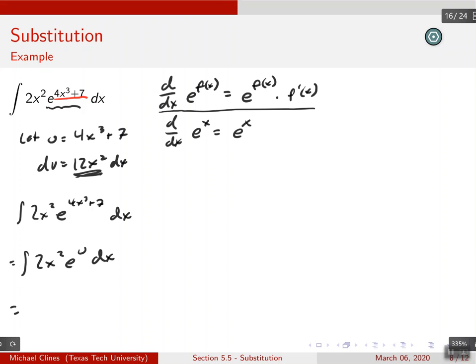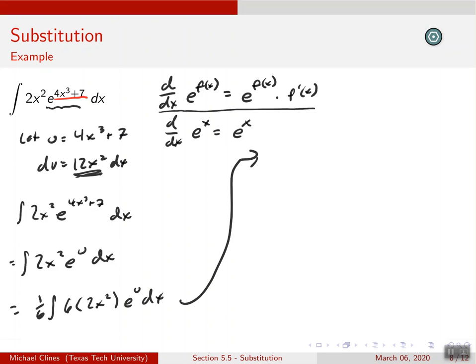Well, the first thing that comes to my mind is multiply it by 6. So we take 2x squared, multiply it by 6. So we get 6 times 2x squared times e to the u dx. But the problem is, if I multiply by 6, I also have to multiply by 1/6. Now you might be asking, why on earth did I multiply by 1/6 and 6? Because if we simplify, this equation turns into 1/6 times the integral of 12x squared e to the u dx.